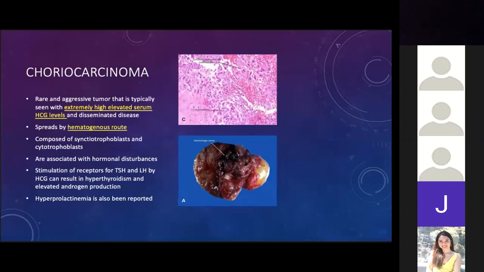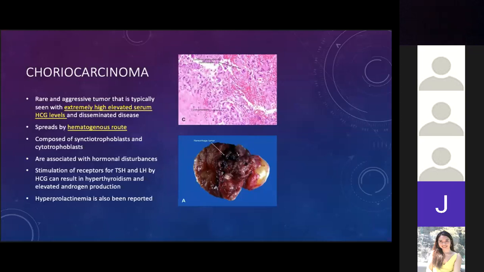For your choriocarcinoma, it is a rare and aggressive tumor that is typically seen with extremely elevated serum HCG levels and disseminated disease. It spreads by the hematogenous route and is composed of syncytiotrophoblast and cytotrophoblast and is associated with hormonal disturbances.